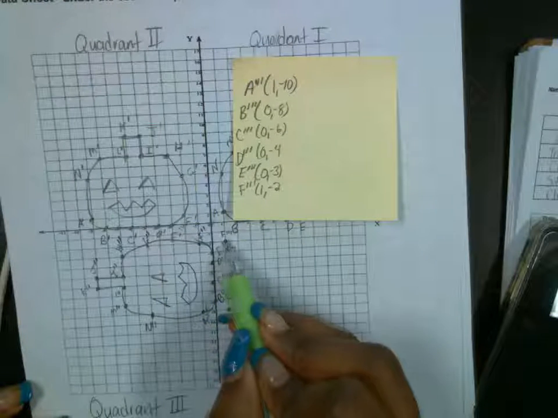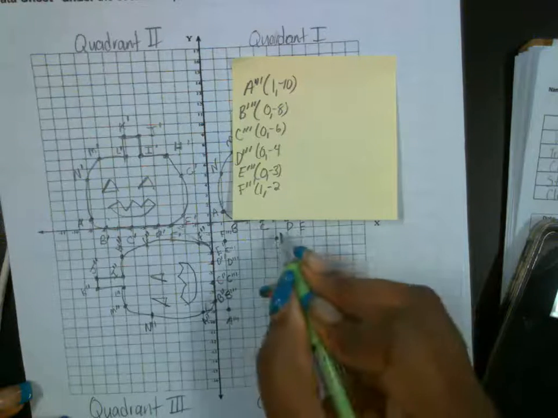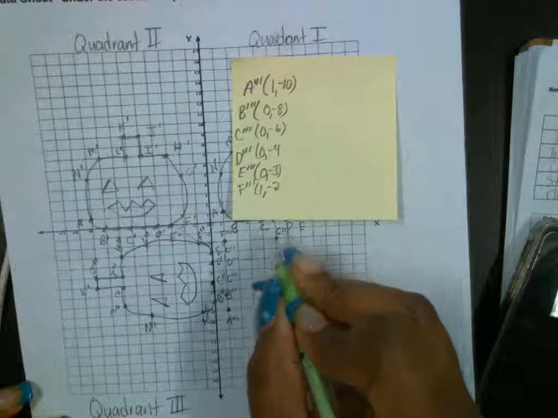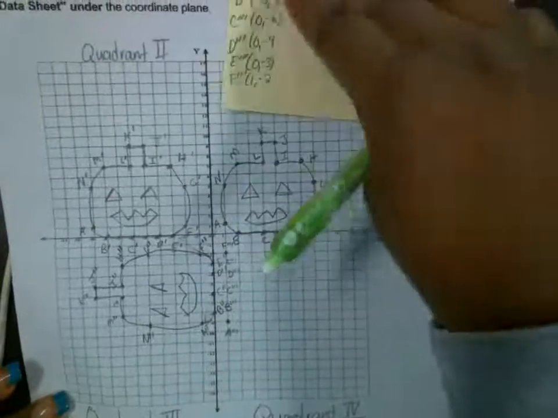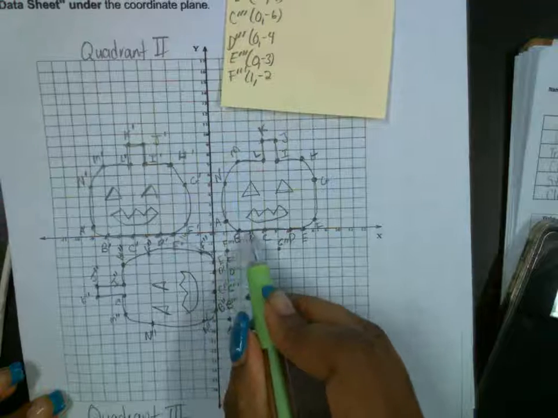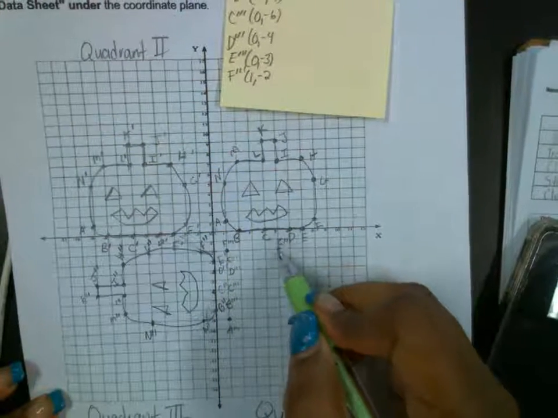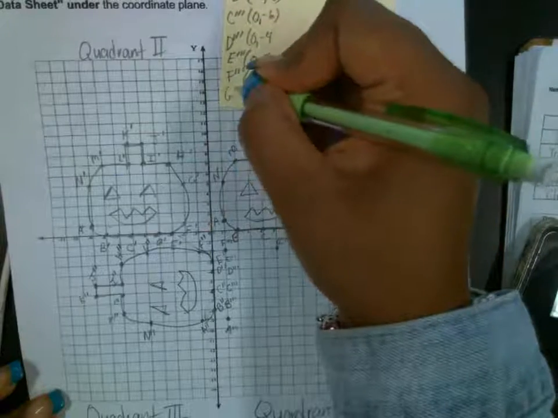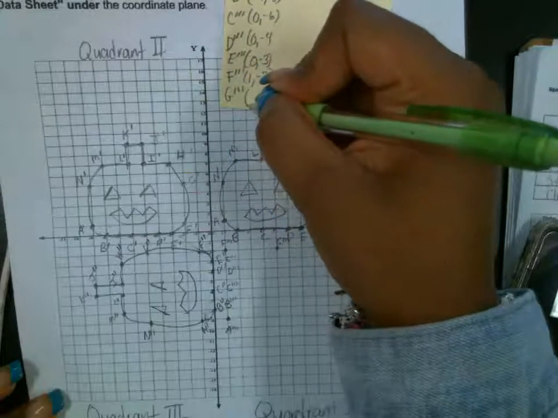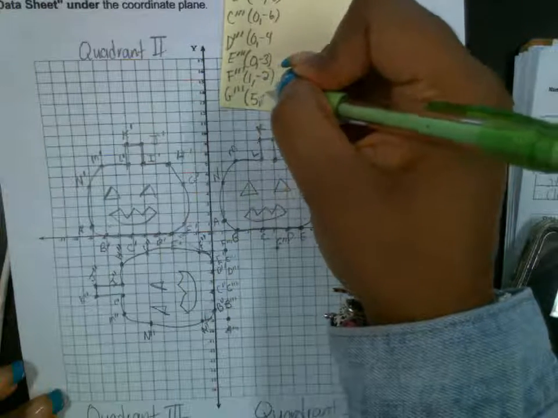This is G triple prime. So this ordered pair for G is over 1, 2, 3, 4, 5, and down 1, 2. So for G triple prime, it is positive 5 and negative 2.